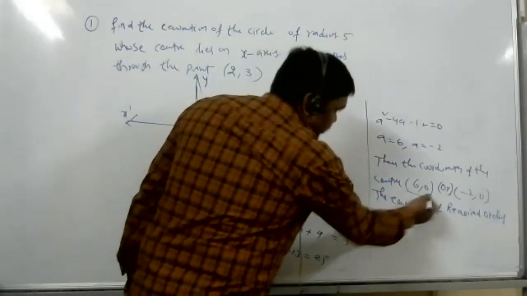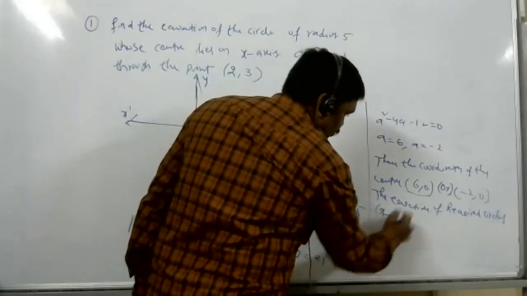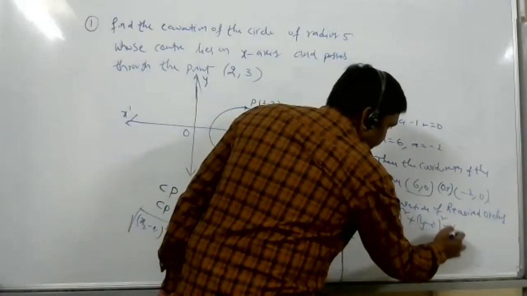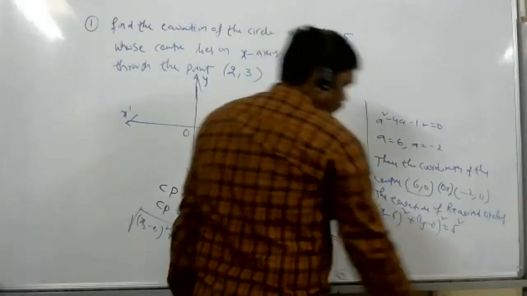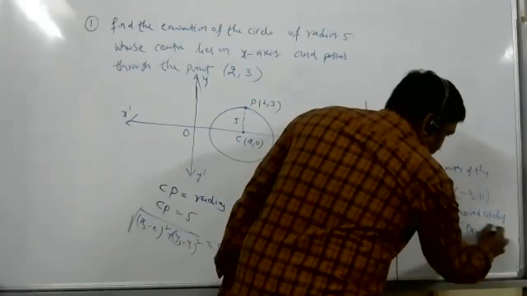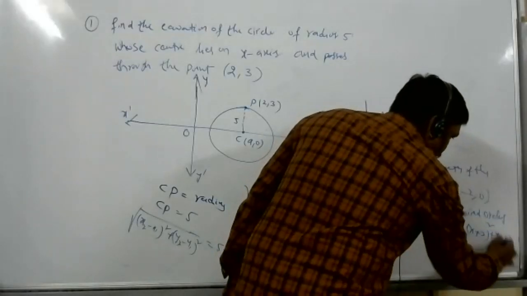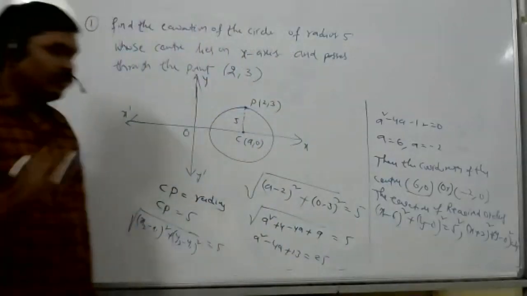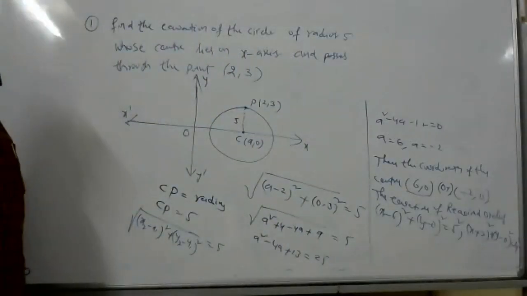First circle: x minus 6 whole square plus y minus 0 whole square is equal to 5 square. And second circle: x plus 2 whole square plus y minus 0 whole square is equal to 25.